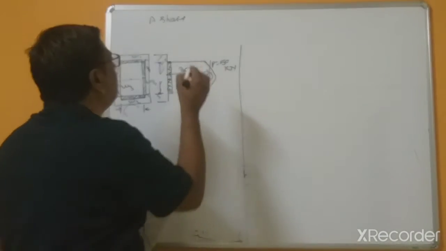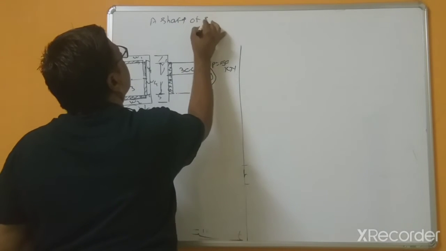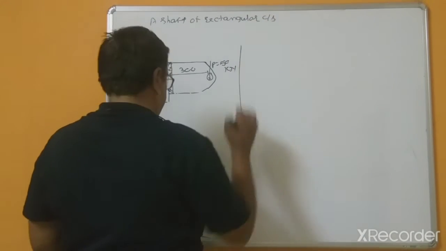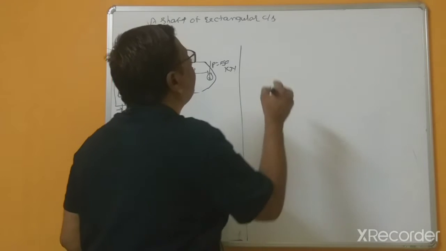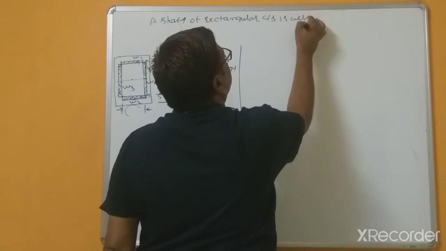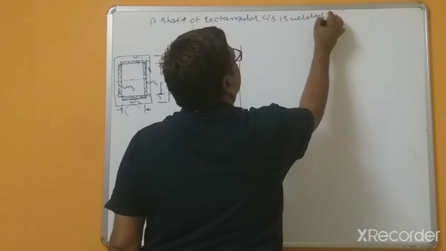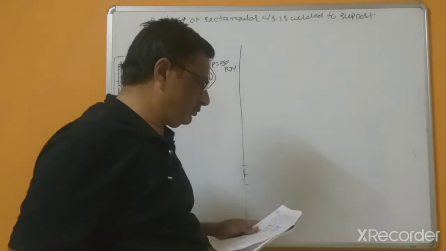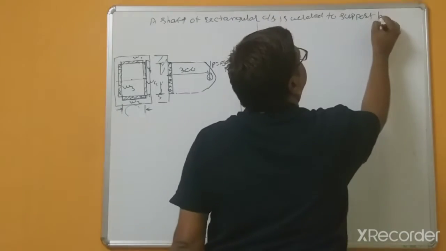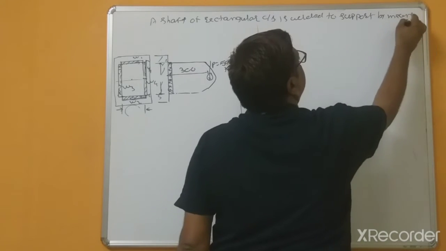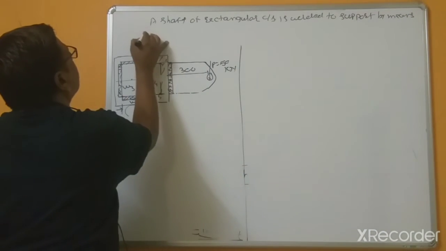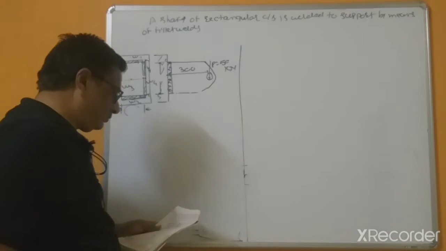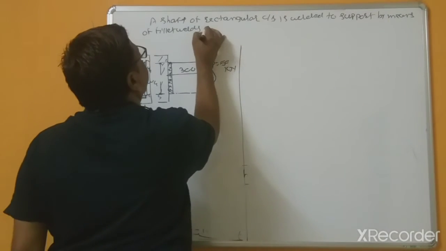A shaft of rectangular cross section is welded to support by means of fillet welds as shown in figure.